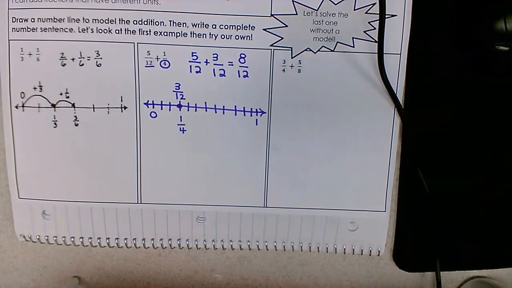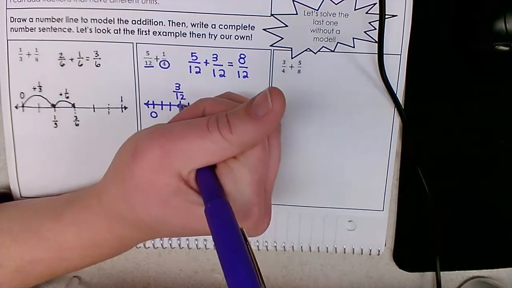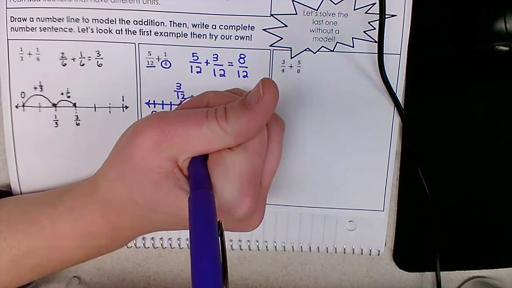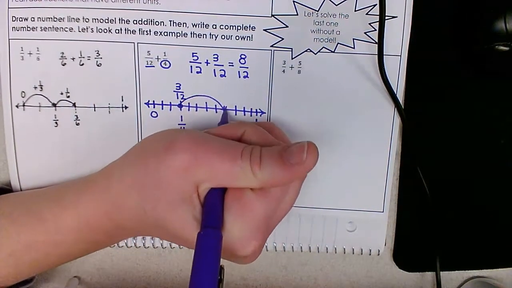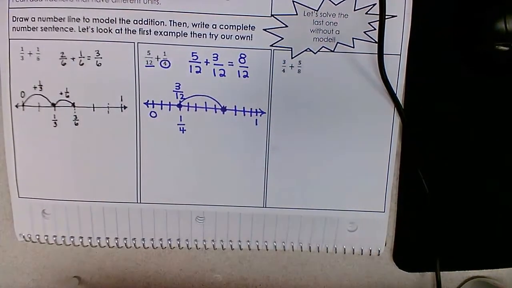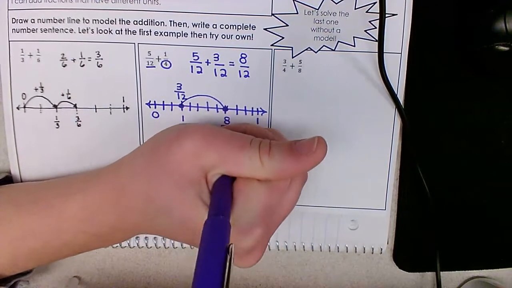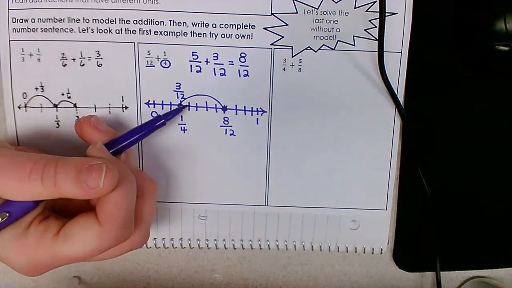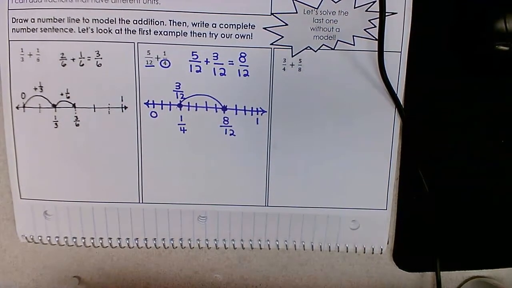To check that on the number line, I'm going to count up 5 more twelfths, which would be 5 more spaces on my number line. 1, 2, 3, 4, 5. Right here. And that should be 8/12. 3/12, 4/12, 5/12, 6/12, 7/12, 8/12.